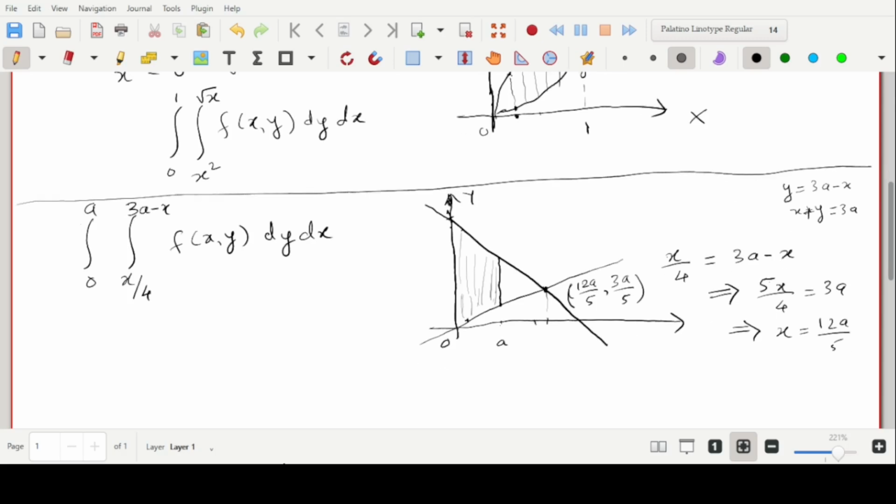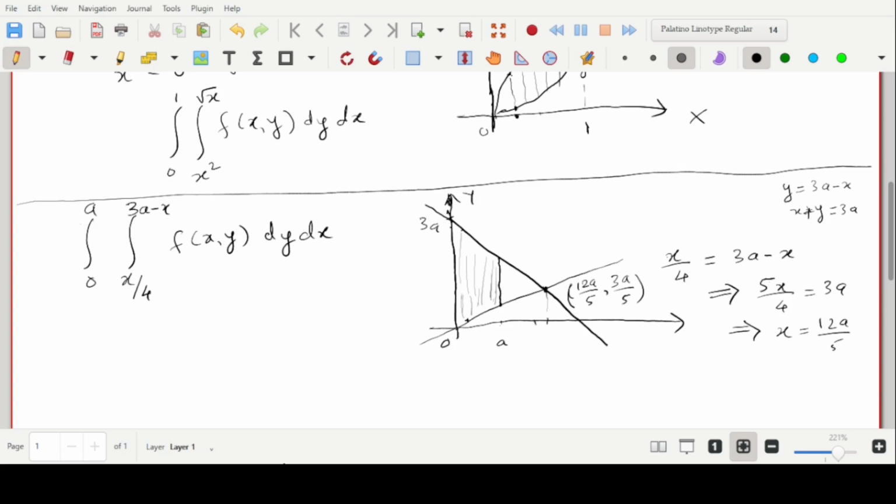Alright, now we want to change the order of integration, and this is apparently a challenging task. We are sure that y varies from 0 to 3a, because we have already seen that this is the line which connects 0 comma 3a and 3a comma 0.